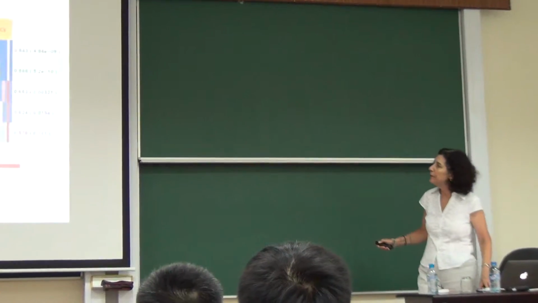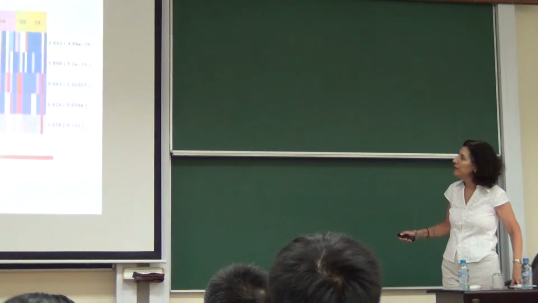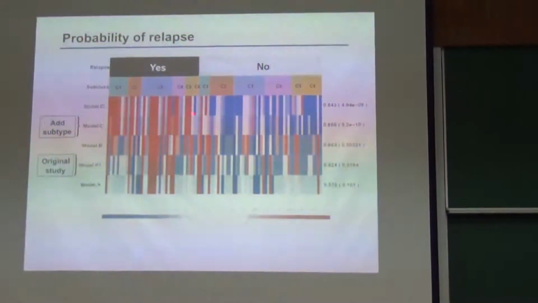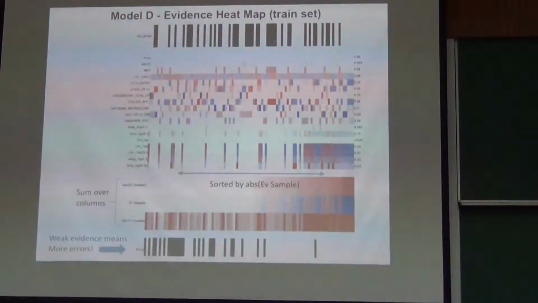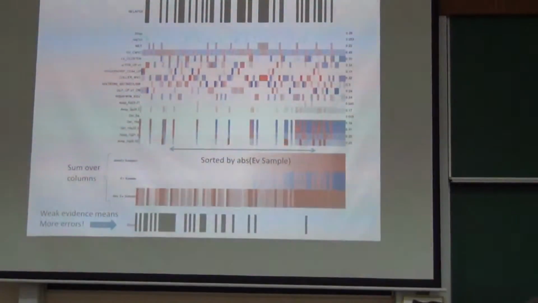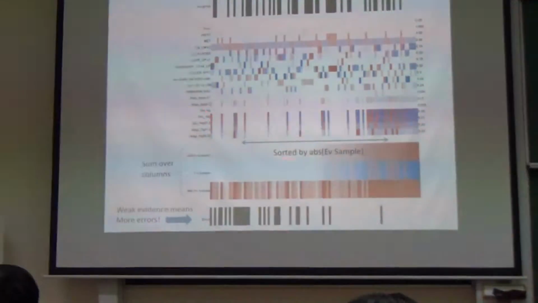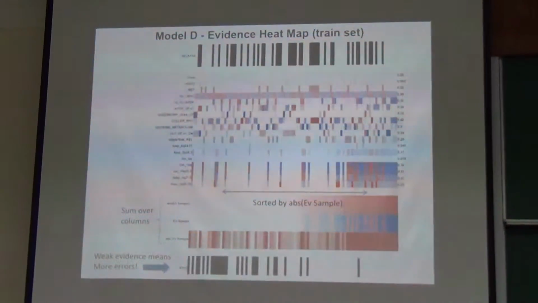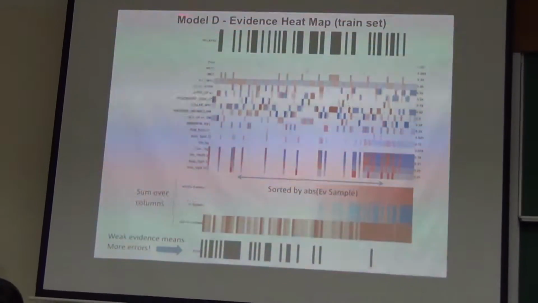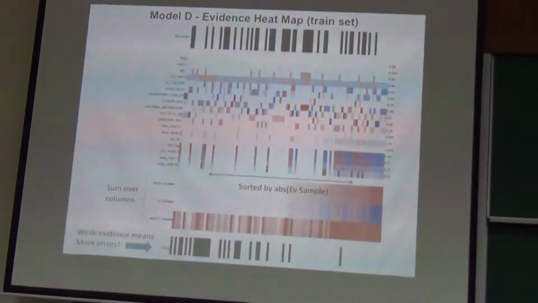This is just another way of looking at where you can see that as you add the subtype, you do much better in prediction. But this is really what I wanted to show you, which is a picture of the amount of evidence we have for the samples in the training set.